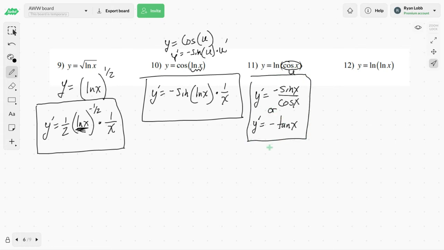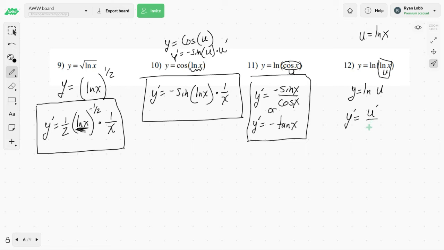And now over here, sometimes this one gets confusing. You have ln of x, ln of x, but this is my u. So you can kind of forget that, and say, what's the derivative of ln of u? This is not something we maybe want to get used to, because later on down the road, we're going to be doing this little substitution. So what if I identified the u and wrote y equals ln of u? Then what would y prime be?